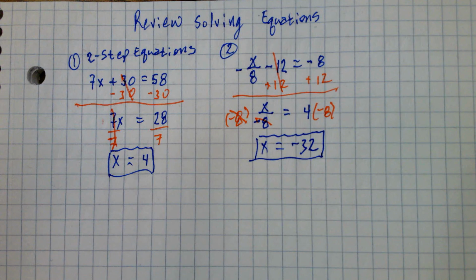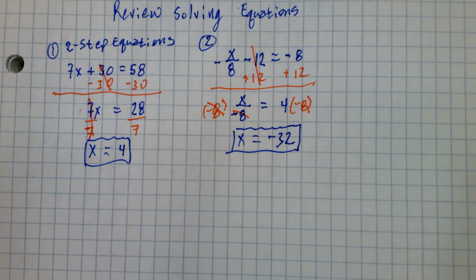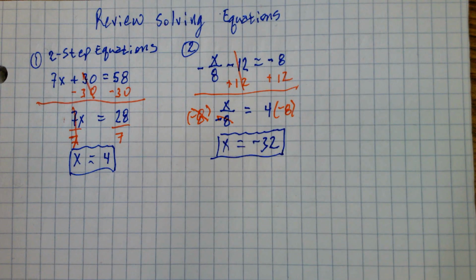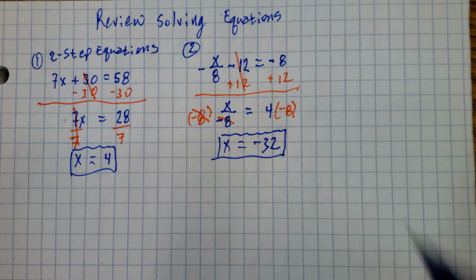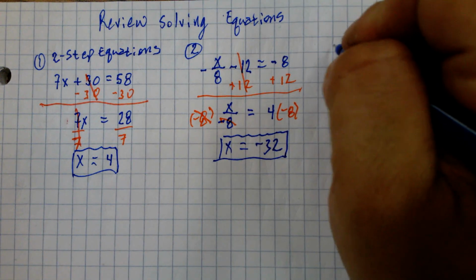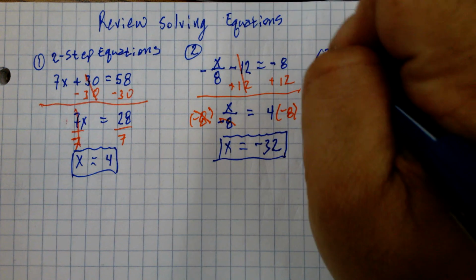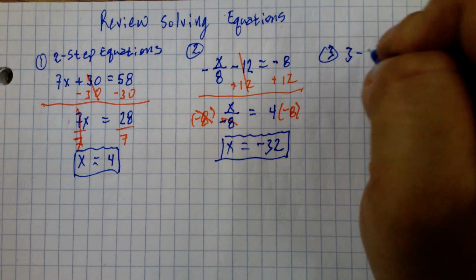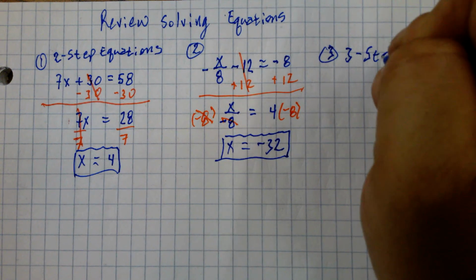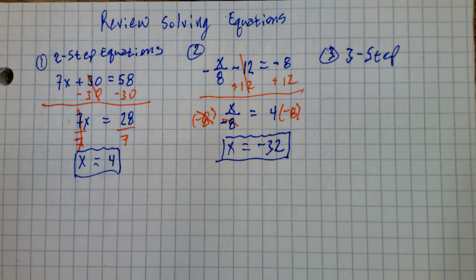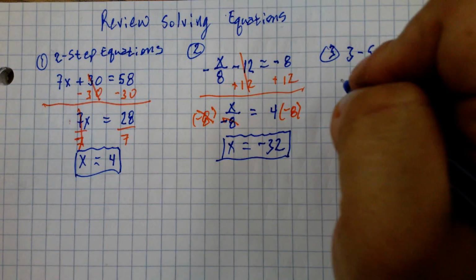Okay. The next one's called a three-step equation, but it involves distributing. Okay? So number 3, call it a three-step equation. Okay? And it'll be something like this.